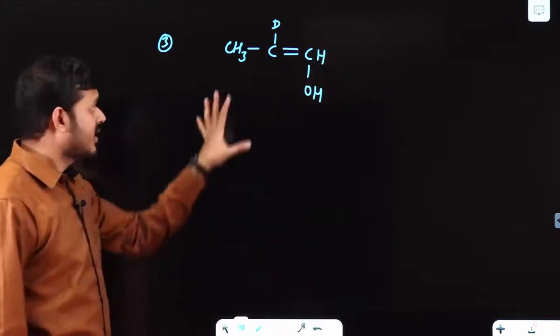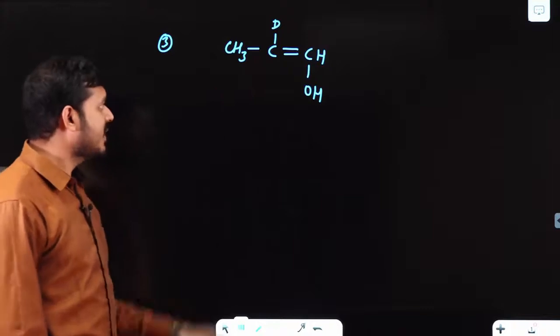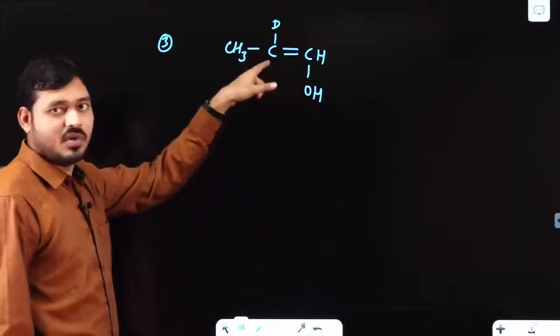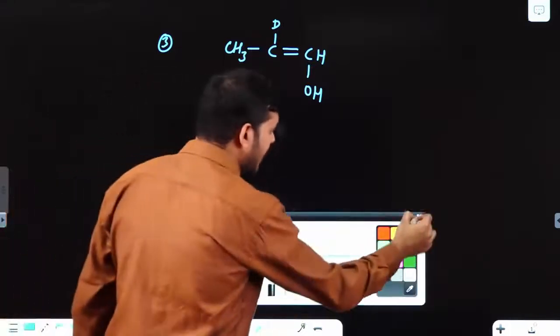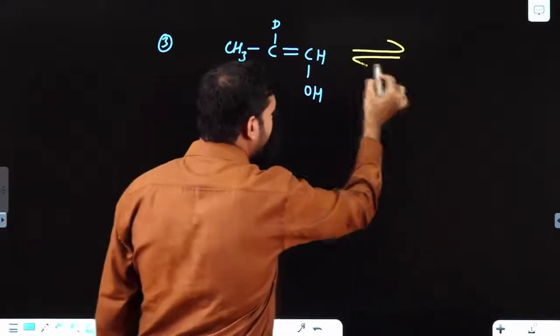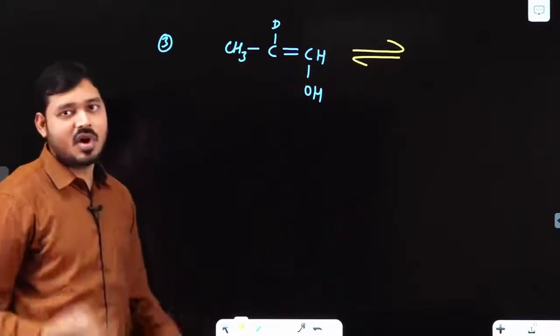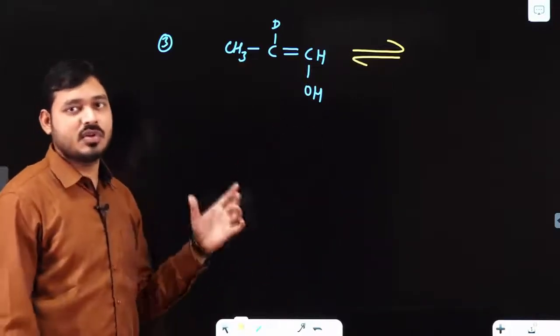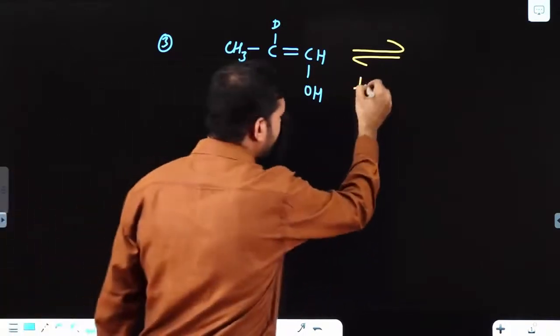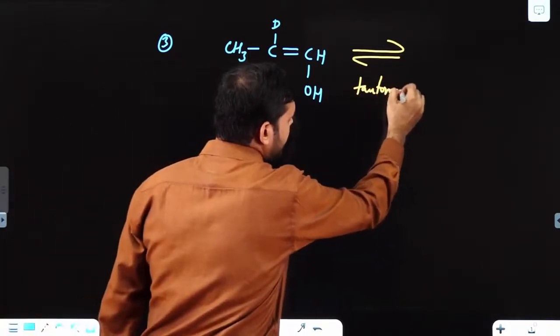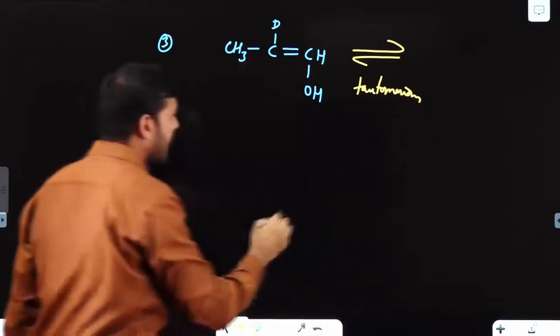See, if I see this compound, as we know, it is an enol form. Okay, this is enol. Now what happens here? If I give you acidic or basic medium, or neutral medium also, here tautomerism occurs. What will happen?